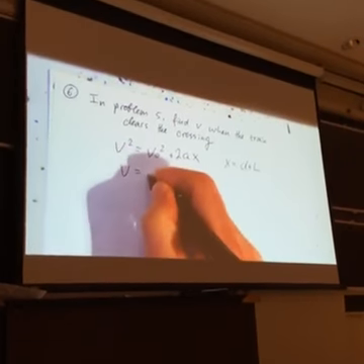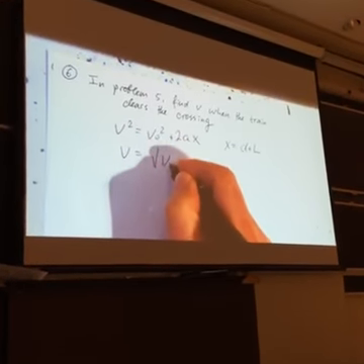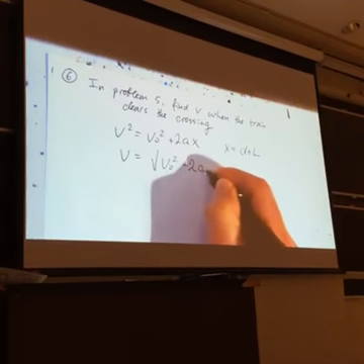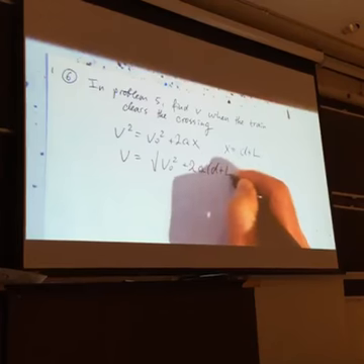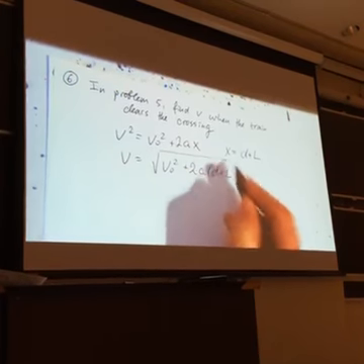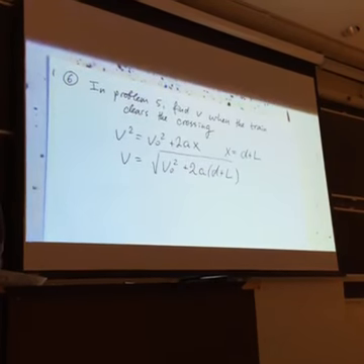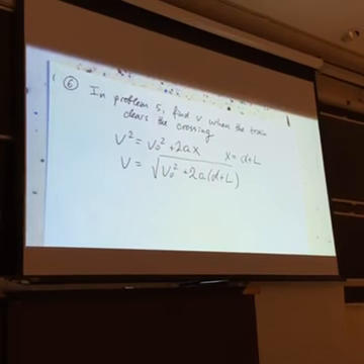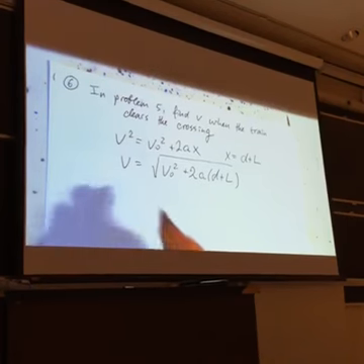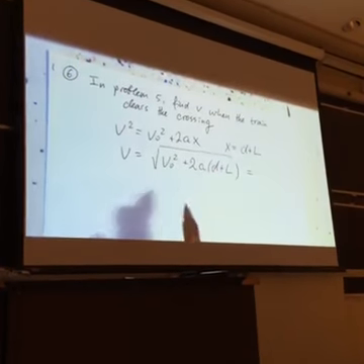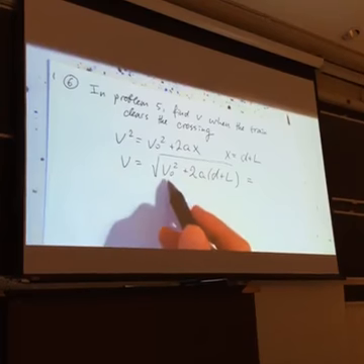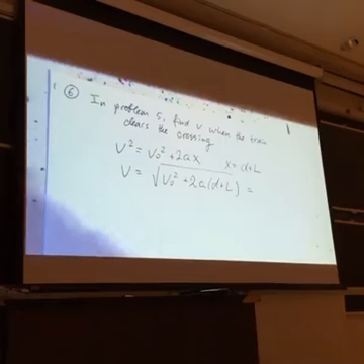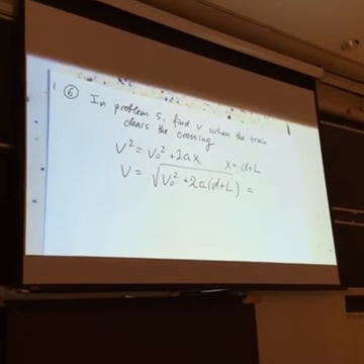Final velocity, I just take the square root of v0 squared plus 2 times a times D plus L. Okay? So D was given initially, and L we determined. So I plug in the numbers here. Everything is given. Acceleration and v0 are given initially, D is given initially, the length we determined in the previous problem.